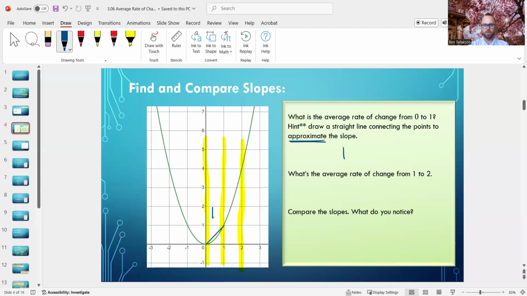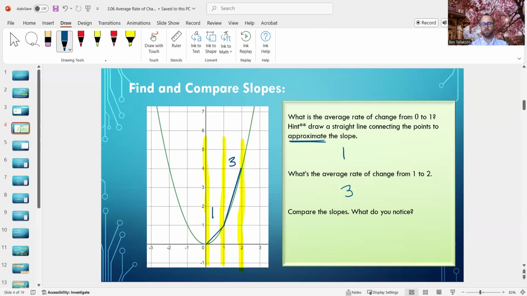So between 1 and 2, we're going to once again approximate. So we're going to draw a straight line connecting one part of our graph line to the other. The slope of this, well, we go up 3, right 1, so that has an average rate of change of 3. So if we compare these slopes, what do you notice?